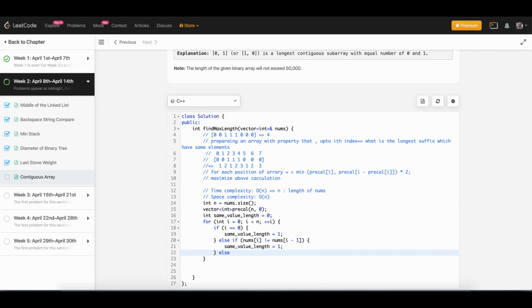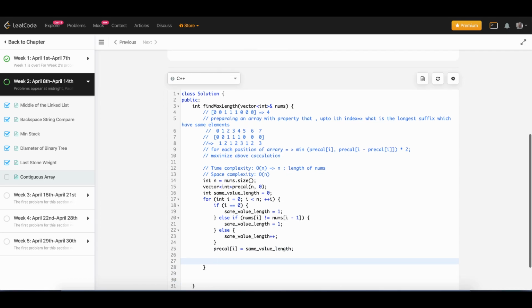Else, the value will be the same. So in this situation the same value length will be incremented. Now we have this value, we have to put it over here: pre-cal of I is equal to the same value length.